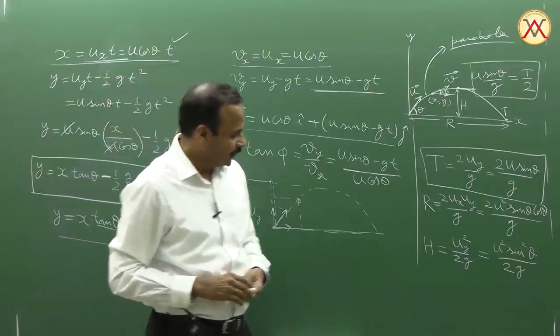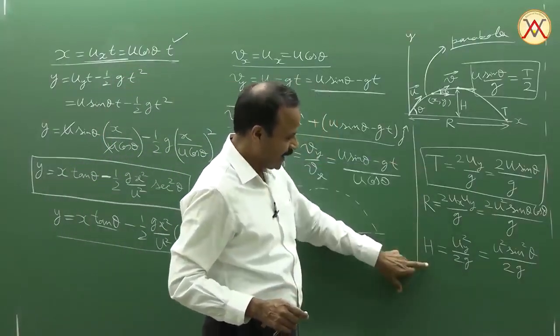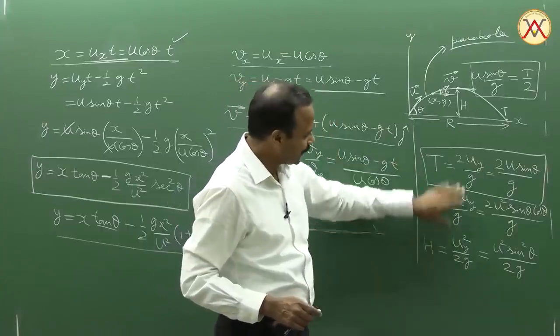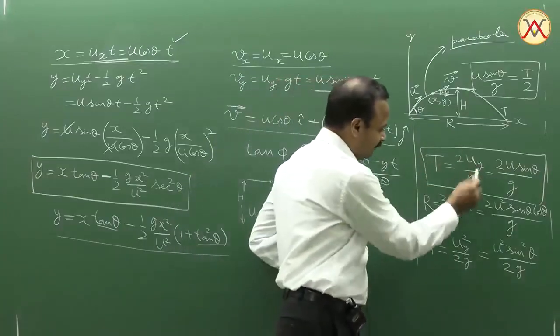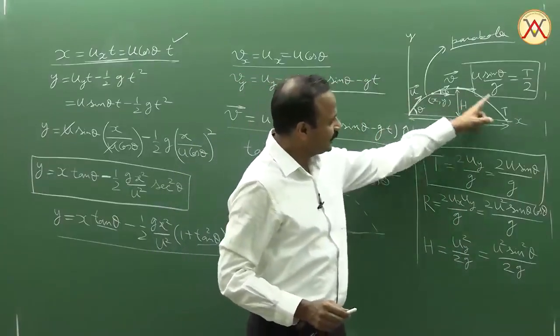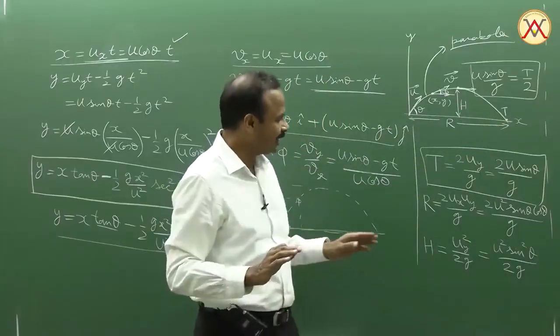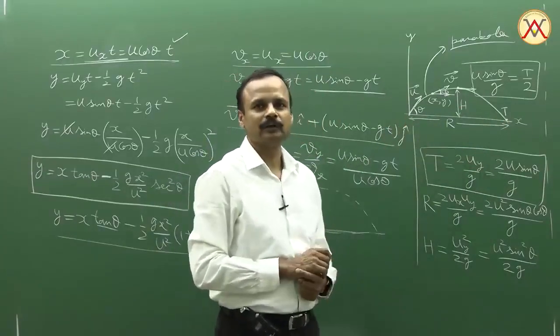Which are they? If you look at the results, you will realize that in time of flight and also in maximum height, ux is absent. You are only having uy. That means how long the projectile stays in air is not affected by the x component of velocity.